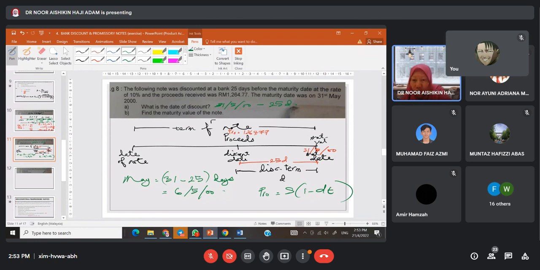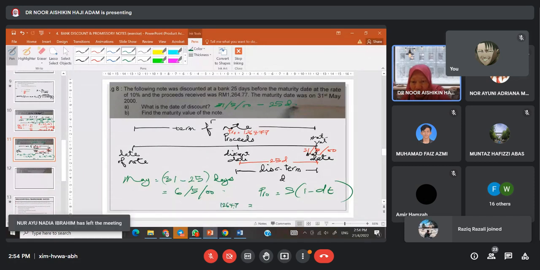Sebab dah ditolakkan bank discount amount, which is SDT tu. So kita tempoh nak dapatkan proceeds tu is for 25 days tu. So you gunakan that formula S times 1 minus dt.